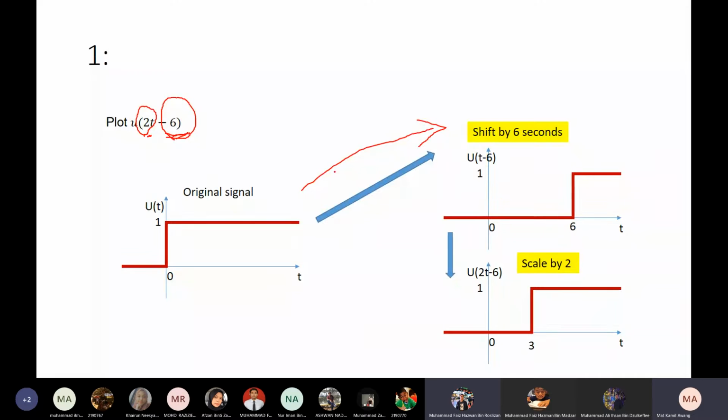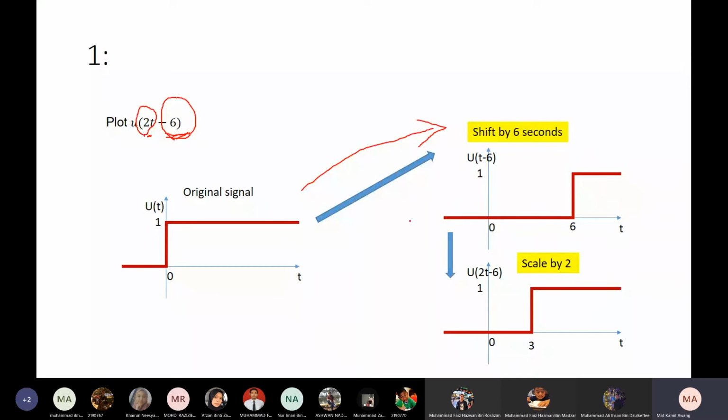So you shift the step function and you get u of t minus 6. The signal is 0 for t less than 6, and 1 for t equal to 6 or greater than 6.